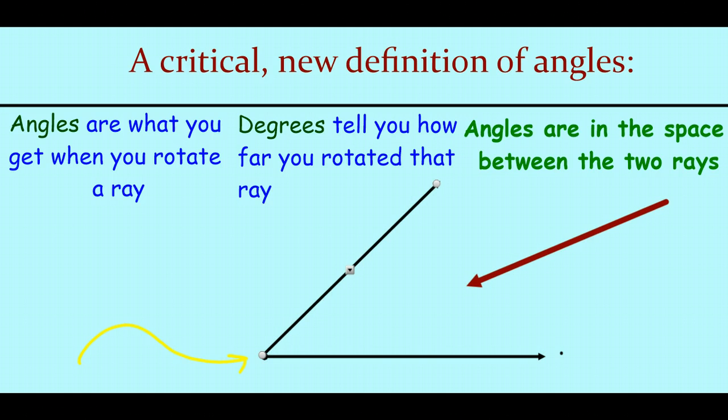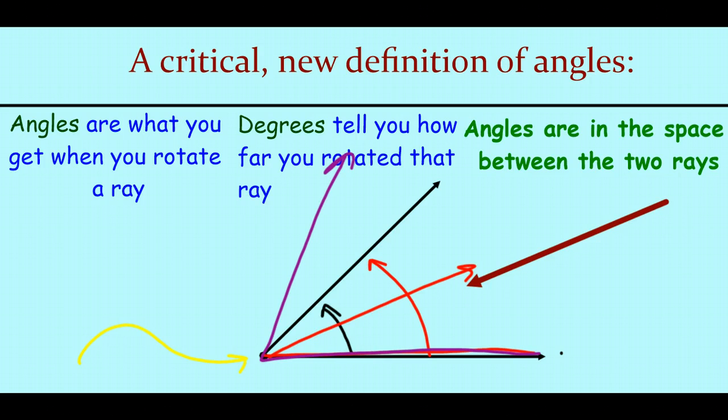So in that case, the angles are still the space between the rays, but we also have to understand the angles as the space of that rotation. So the degrees will tell us how much that angle rotated. And so this angle rotated obviously farther than the angle in red, but not quite as far as the angle in purple.